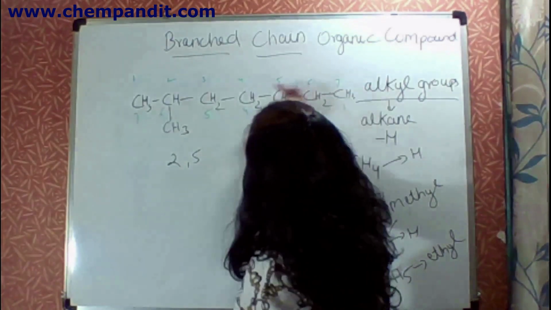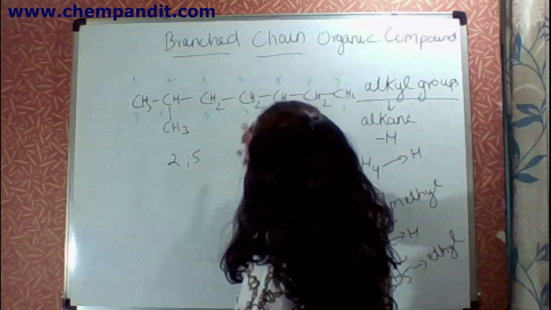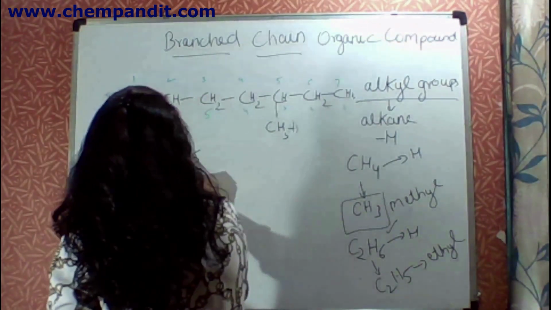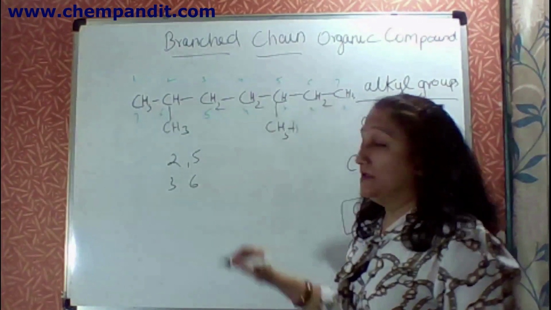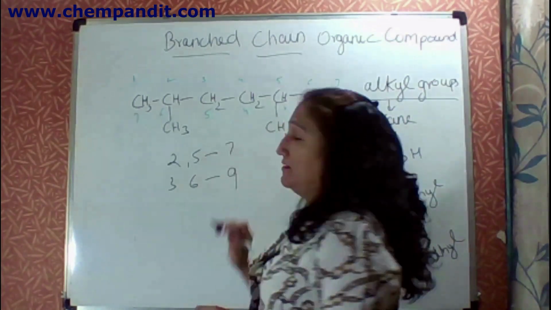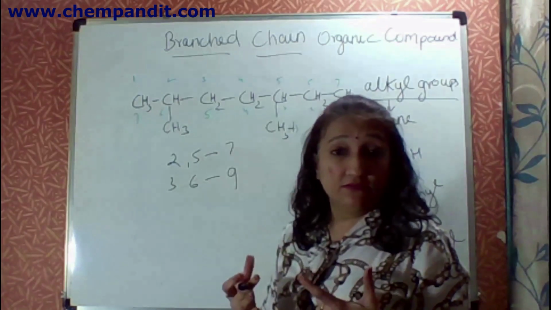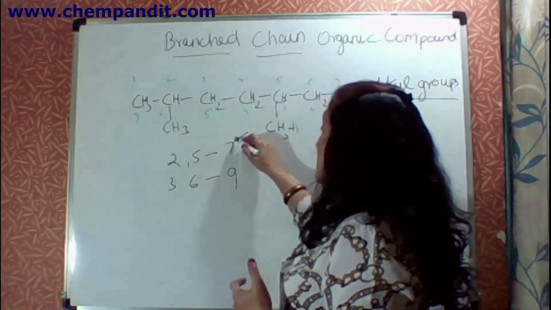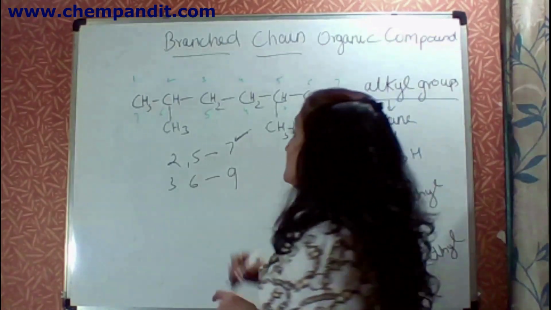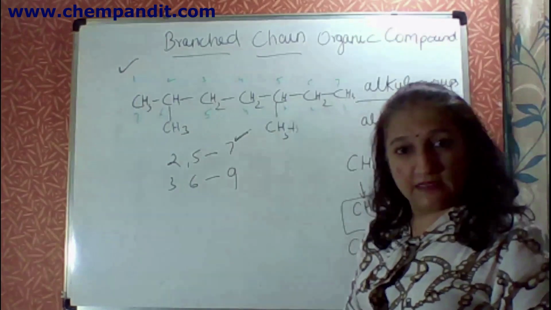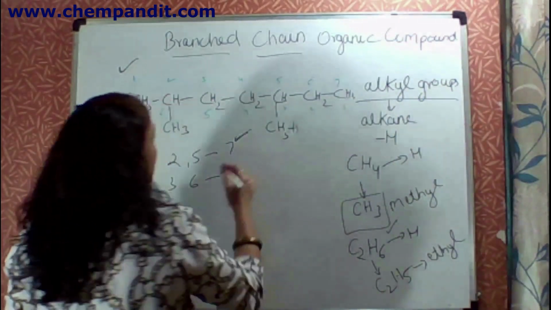And if we consider from right to left, the positions of the methyl groups are 3 and 6. The total of this will be 7 and the total of this is 9. So what are we going to take? This 7. The lowest number is taken. This means we will follow the left to right sequence. Clear? So now let's write down the name of this compound.